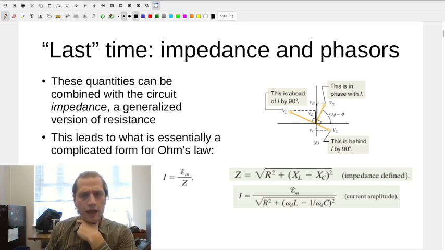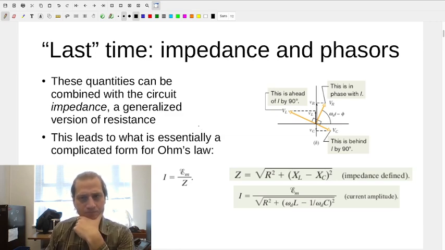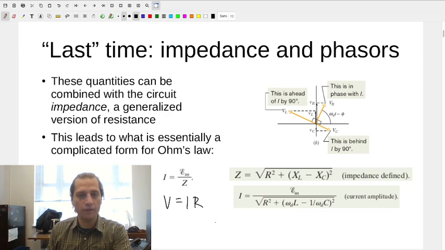So last time where we left, and this was over a week ago because we've had our Thanksgiving break, we talked a little bit about how there's this generalized idea of impedance, which is sort of like resistance. So remember, resistance was V equals IR.